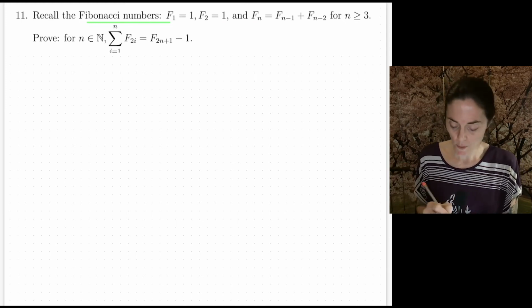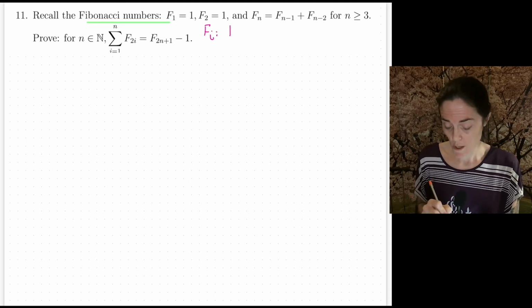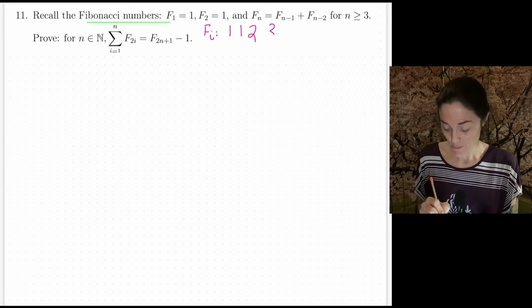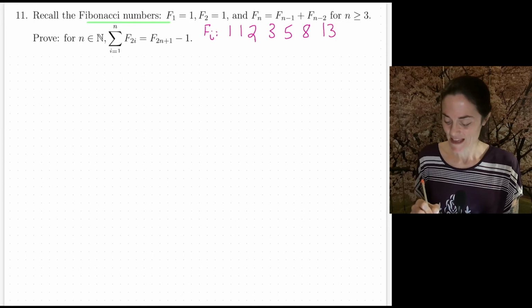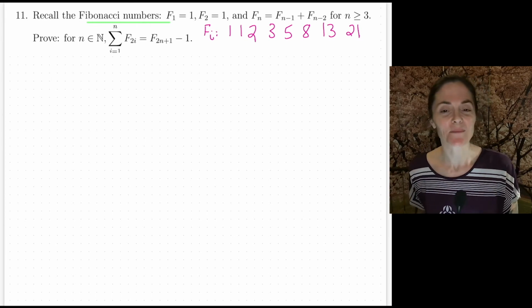So for example, we can write out a few Fibonacci numbers. It goes 1, 1, then we add 2, then we add 3, then we add, and, well, we add. Okay, so this is out to F8, for example.